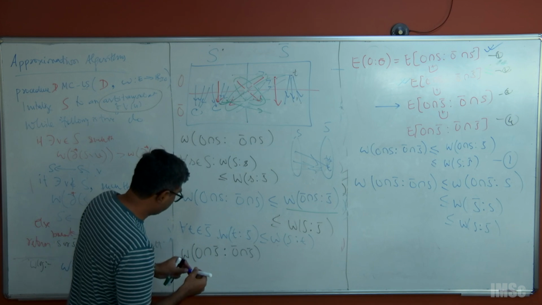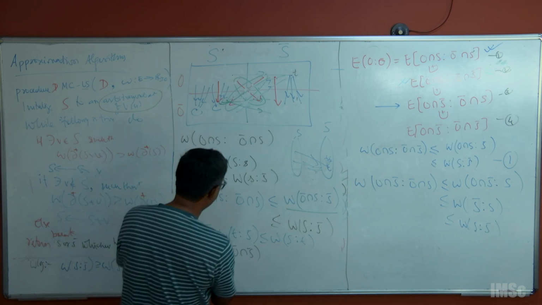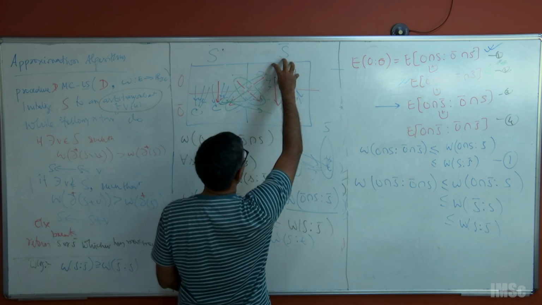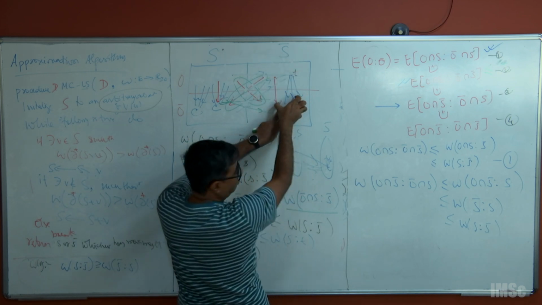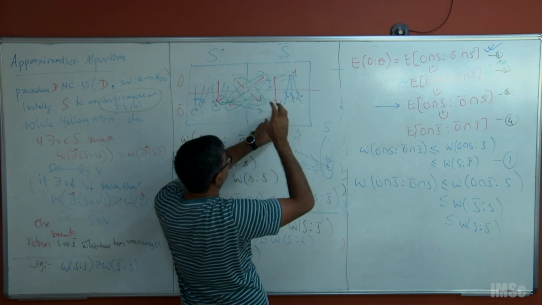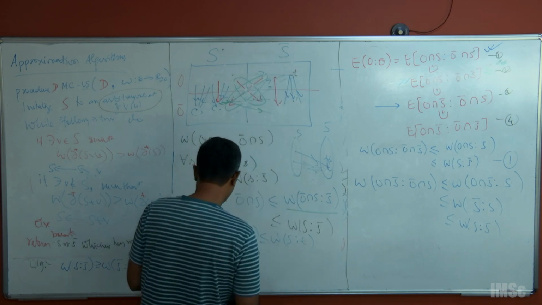So what does this mean? But what is weight of O intersection S bar? Weight of O intersection S bar is this guy, and to what kind of arc are we talking about? This to this, right? So it means this to this for everybody is less than whatever this guy sends to this, right?